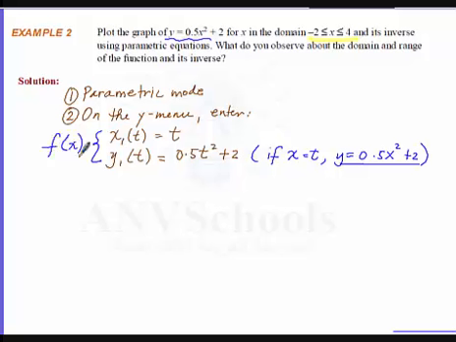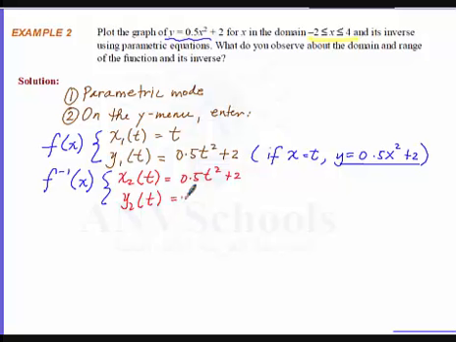Now suppose the inverse would be f negative 1 of x, then we would have to set the parametric mode for x2 of t, which is equal to 0.5 t squared plus 2, and our y2 of t is equal to t. What did we do here? Remember that inverses have interchanged range and domain, and therefore we have to interchange the equations for x and y.